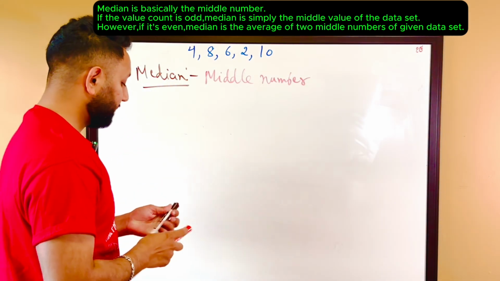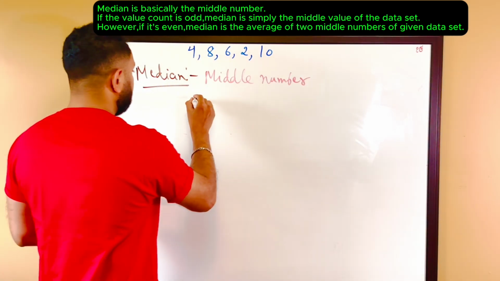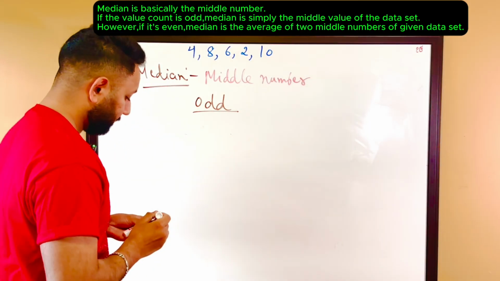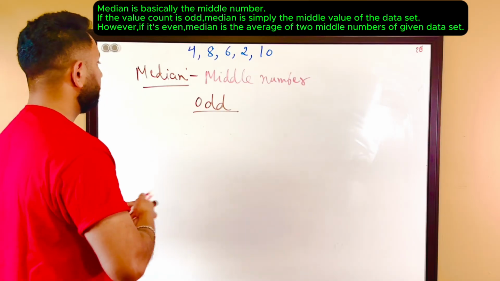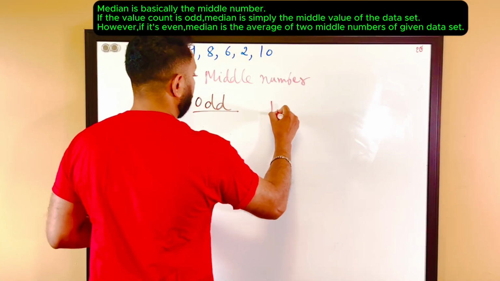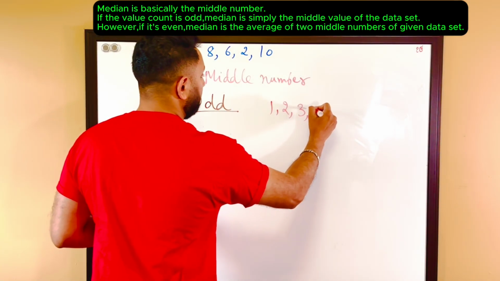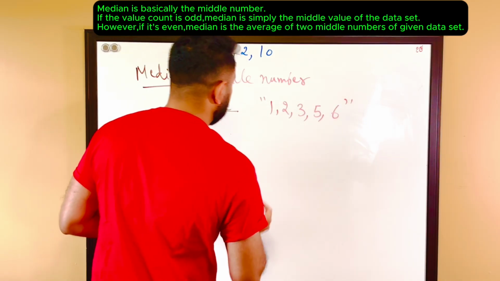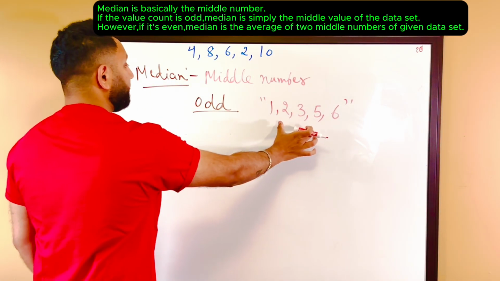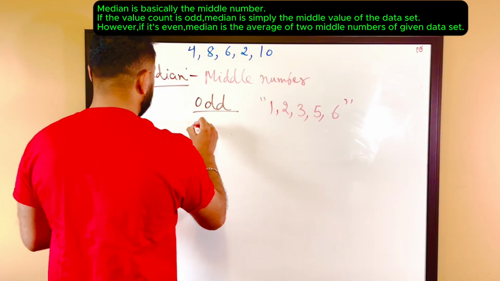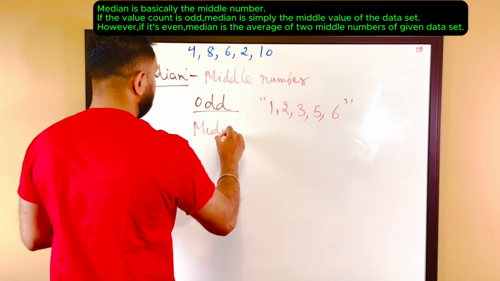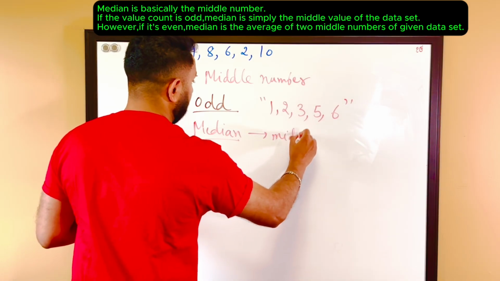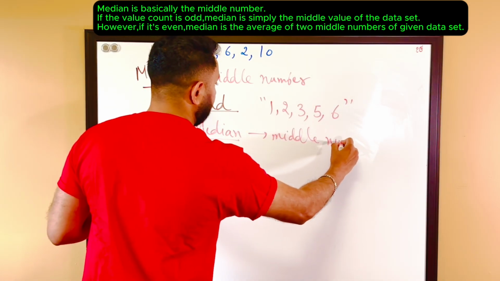If the number count is odd, let's take any example, 1, 2, 3, 5, 6. As this data set is odd, like if the number count is odd, then the median is simply the middle number, as I said earlier.